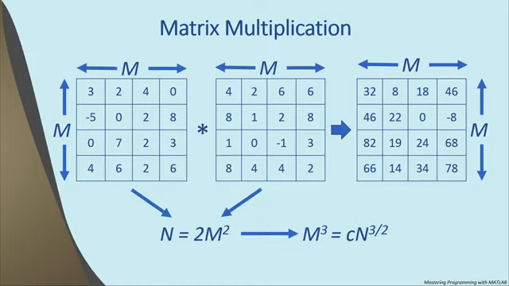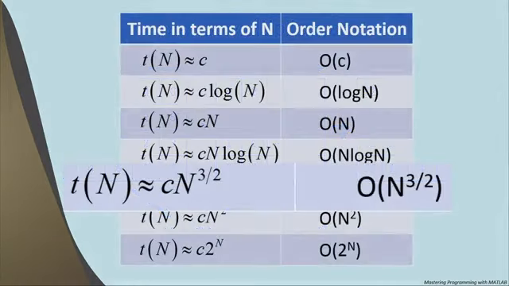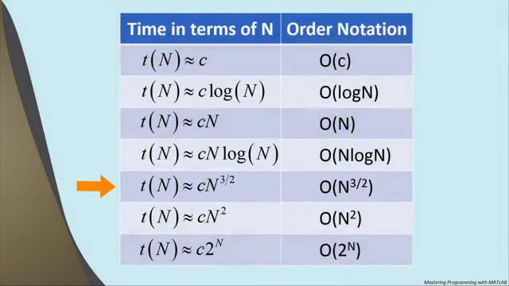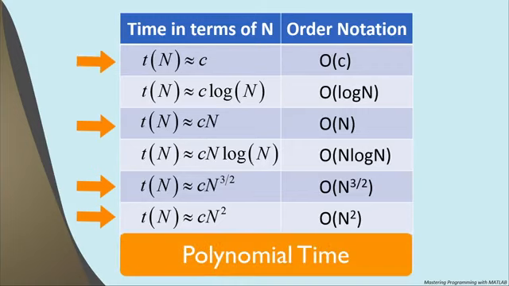That sounds more like n to the 3/2 complexity, and indeed the algorithm is order n to the 3/2. It belongs here in the table because it's slower than n log n, but faster than n squared. And even though n is raised to a power that's not an integer, it's a polynomial time algorithm because algorithmists include all positive powers of n in the polynomial time set.